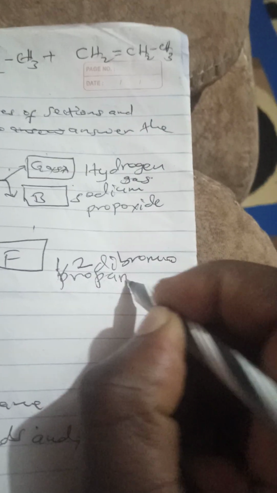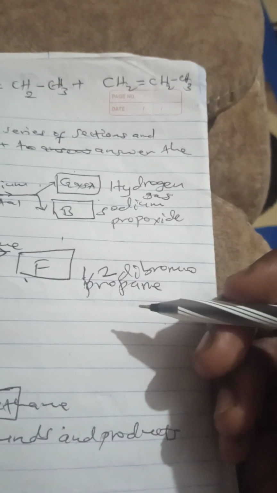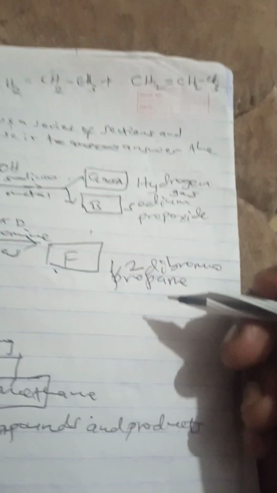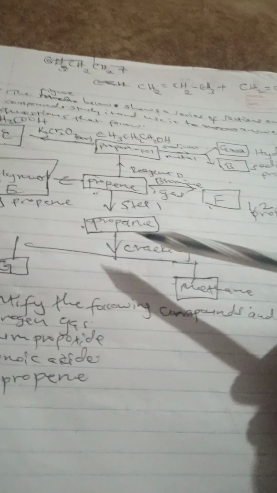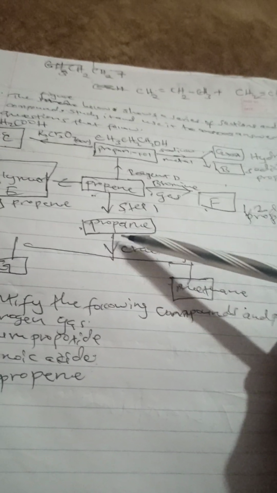Dibromopropane, not propene. You need to differentiate between propane and propene. Here is propane, dibromopropane, and here is step 1. Just have a look. Propene and propane.